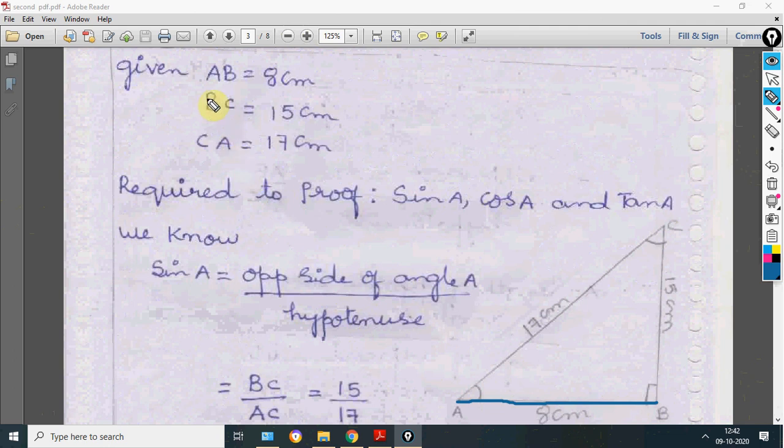Next, BC is 15 centimeter, drawing the line B to C. Next, CA from C to A, 17 centimeter. Okay, we have drawn.